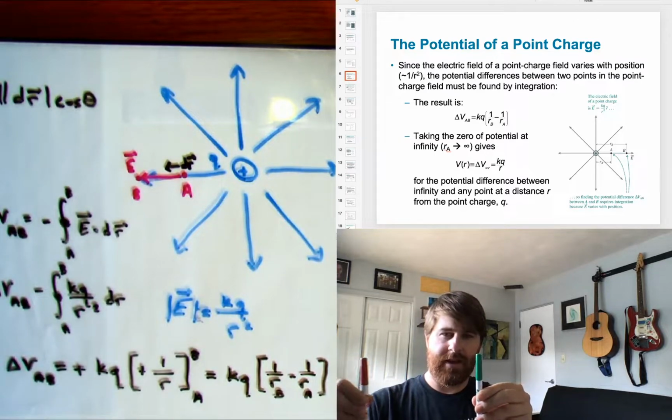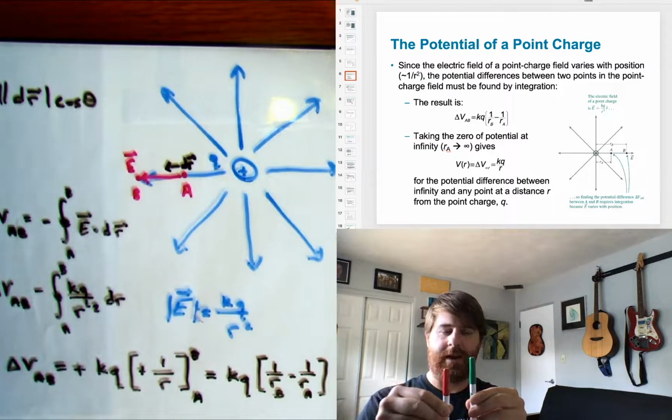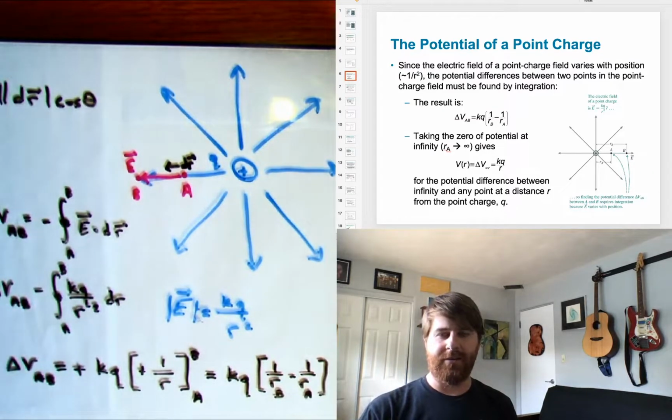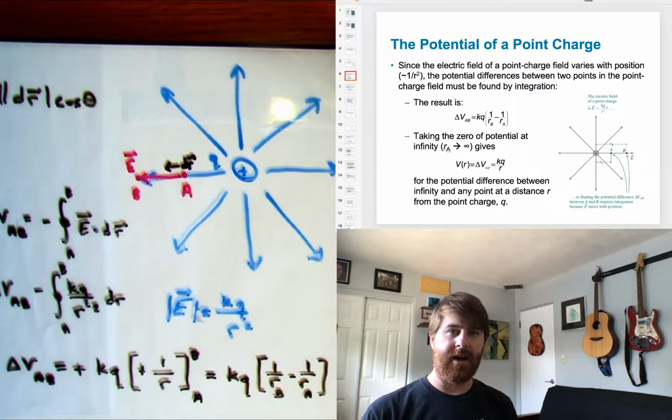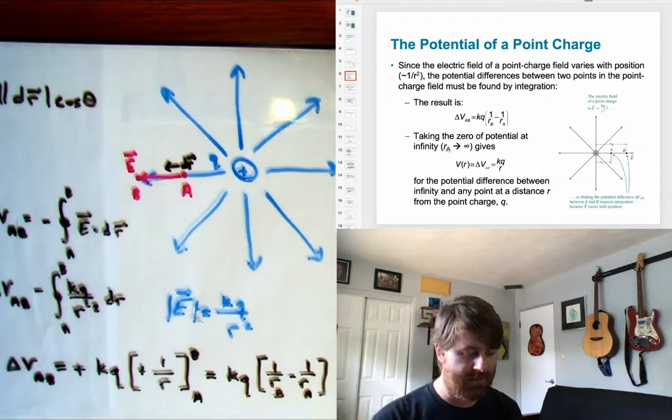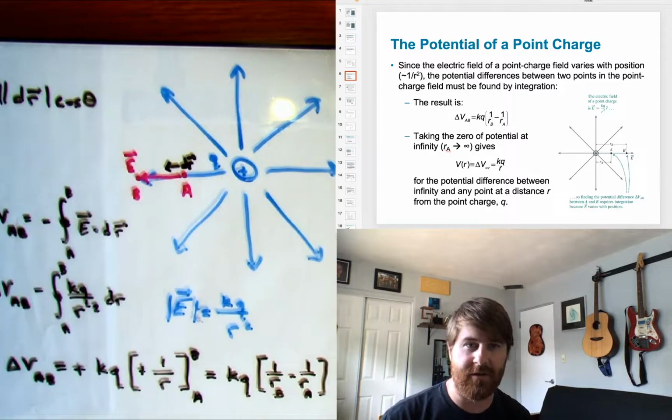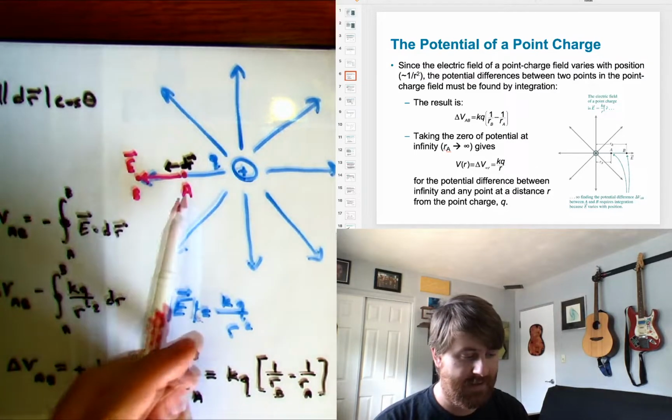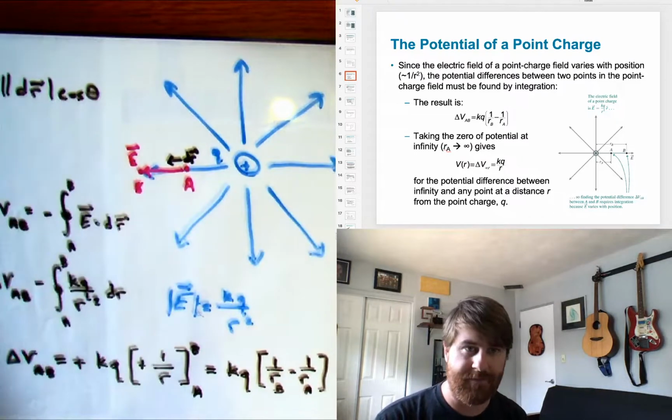So in order to bring it in, I have to do work against the electric field, which means the stored energy is increasing. And if I move them outward, then the stored energy must be decreasing. The electric field is doing work. So I expect that the change in potential energy is negative if I move this positive 1 coulomb charge, which is what I'm using to calculate the potential difference, from A to B.